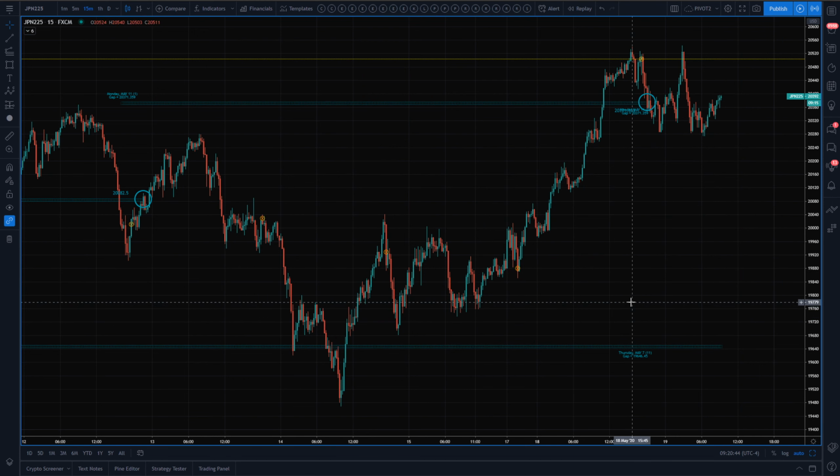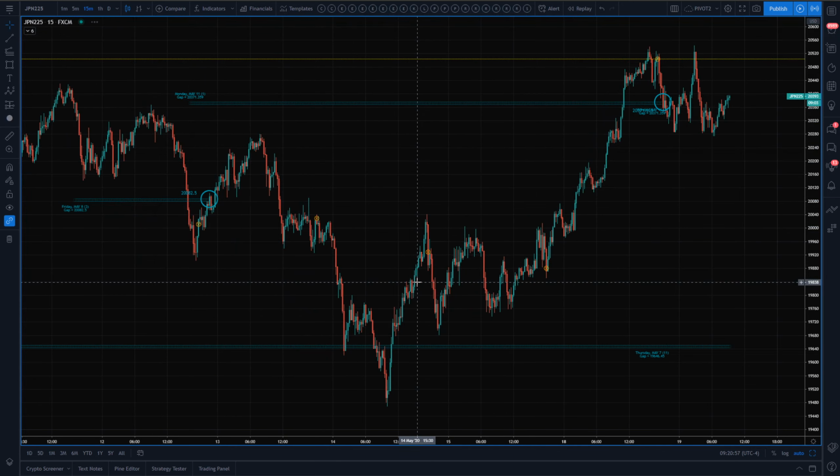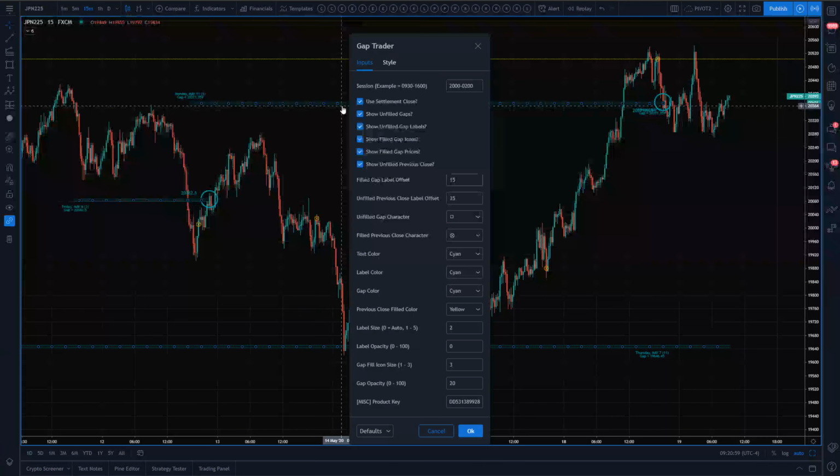Right now, because of Eastern Daylight Time, the Japanese exchange in Tokyo opens at 8 o'clock Eastern Time. So if I adjust the window, I can see the gaps for the window of 8 p.m. Eastern Time to 2 a.m. Eastern Time.